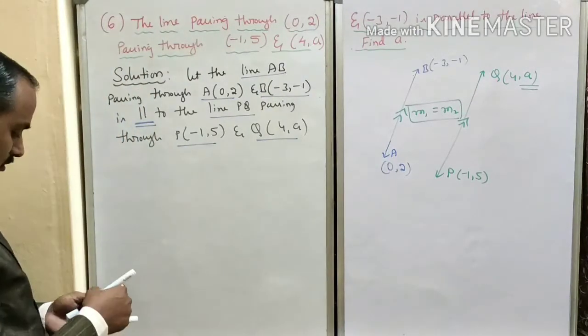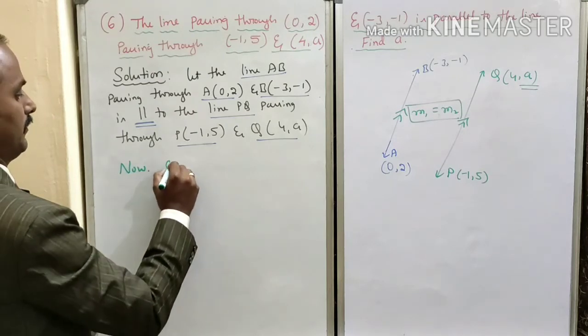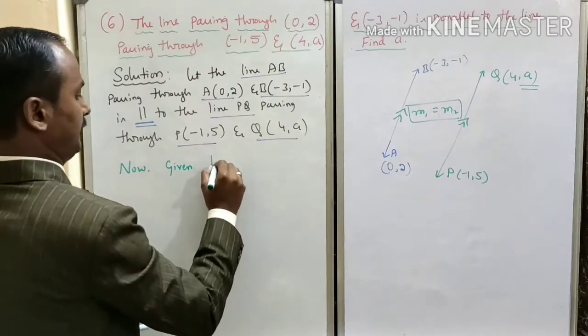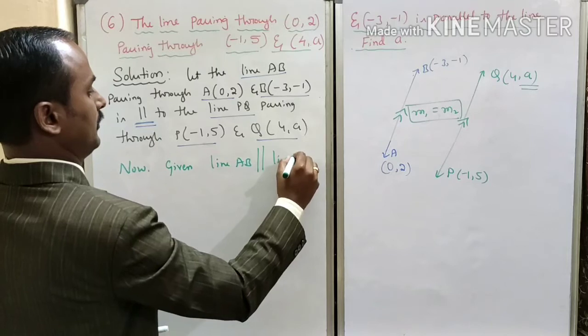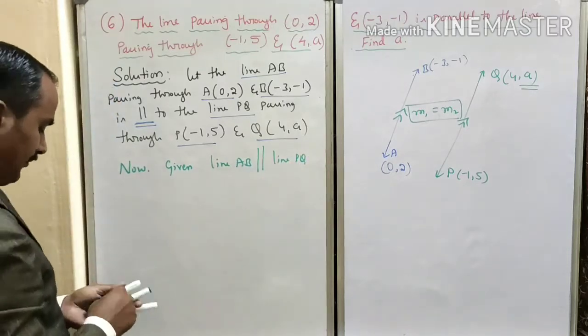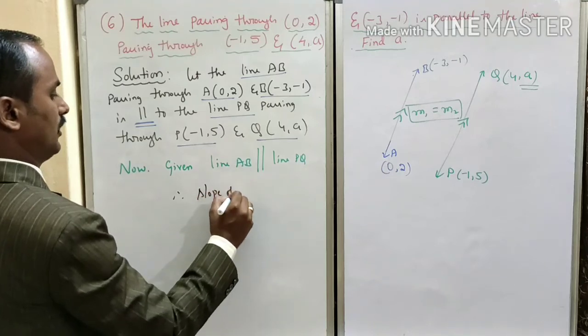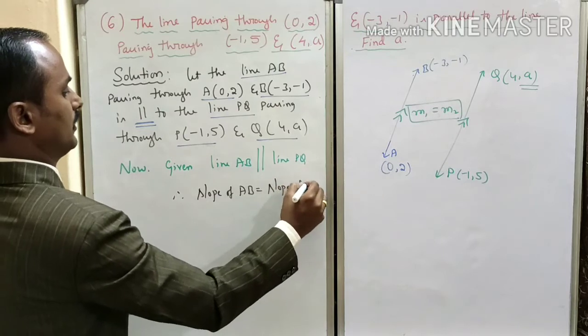Now what is the next step? Dear children, by the given information, line AB is parallel to line PQ, therefore the slope of AB is equal to the slope of PQ.